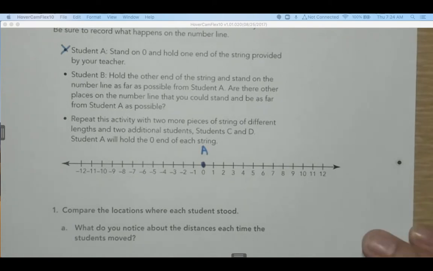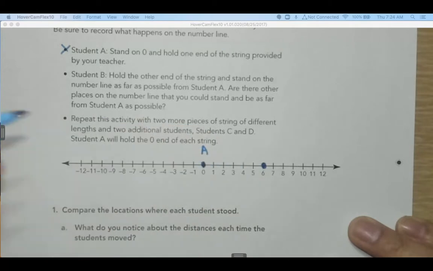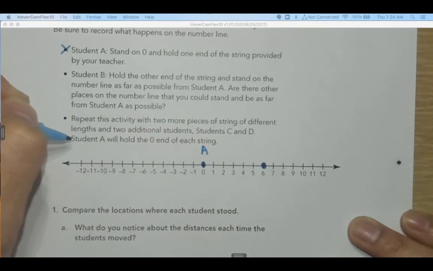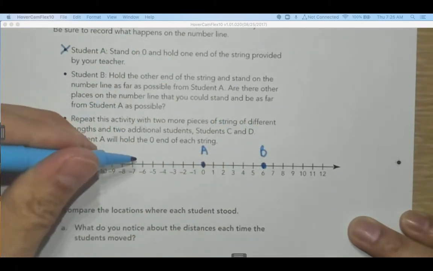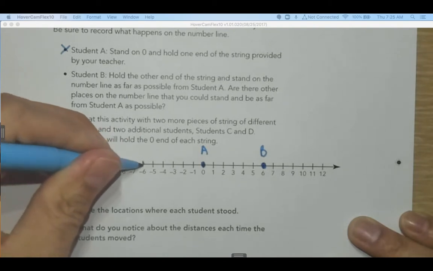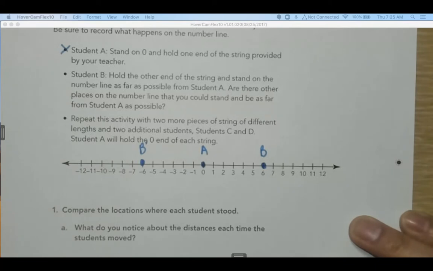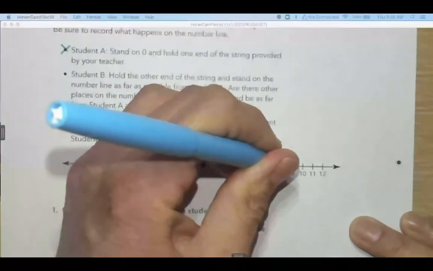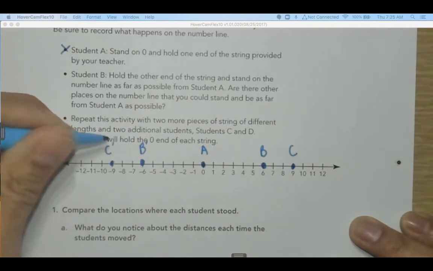All right, I'll give you an example here. If student B stood at 6, and then someone stood at -6, then someone stood at C, like at 9, and someone stood at -9, C prime.